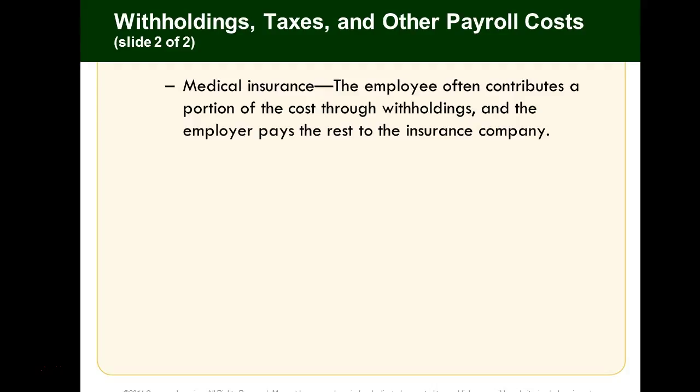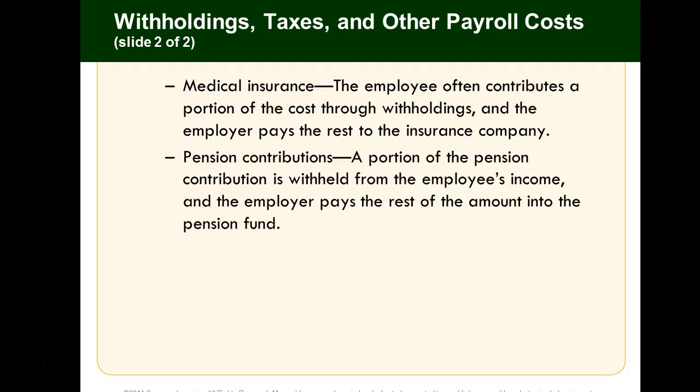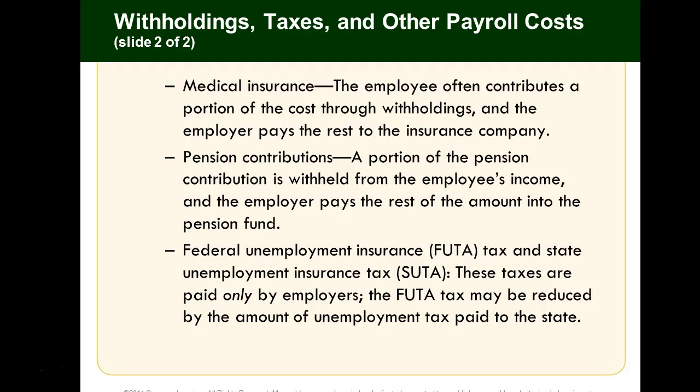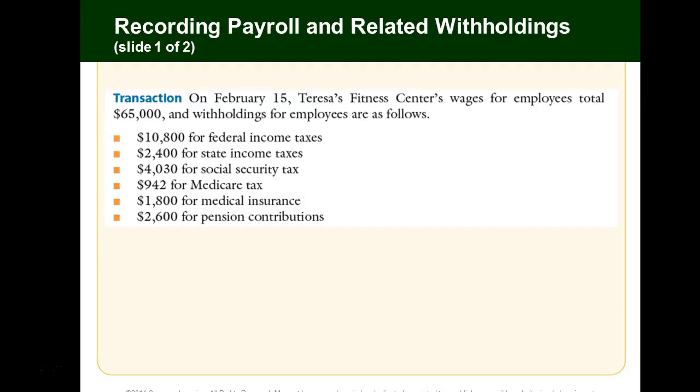So they withhold that from my pay, and yet they have to pay it over to the insurance company. Pension contributions, same thing. I have to have a certain amount of my pay that goes into my pension each month. So they withhold that and send it to the appropriate place. FUTA and SUTA, those aren't monies that get taken out of my check. They're monies that have to go in for the employer to pay for.